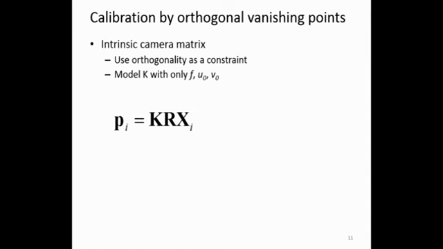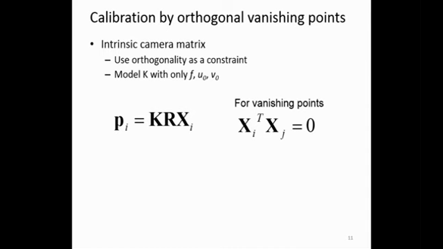Right, their inner product is 0. Another way to write it is the same thing: inner product is 0. So we can just use this one constraint to solve for K.